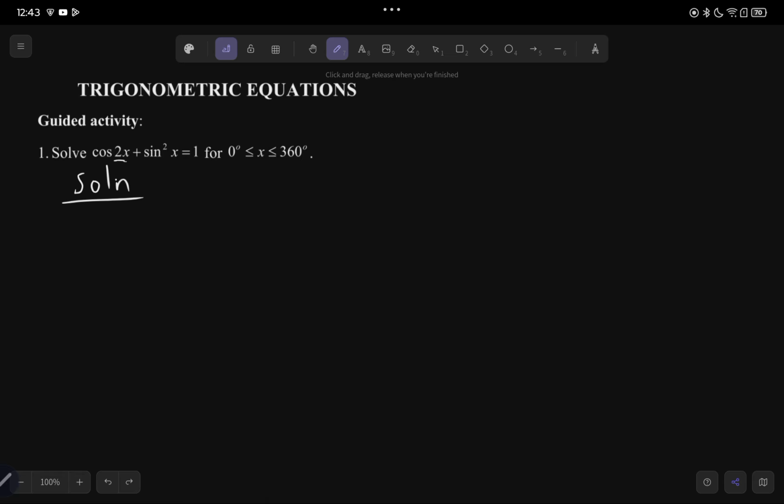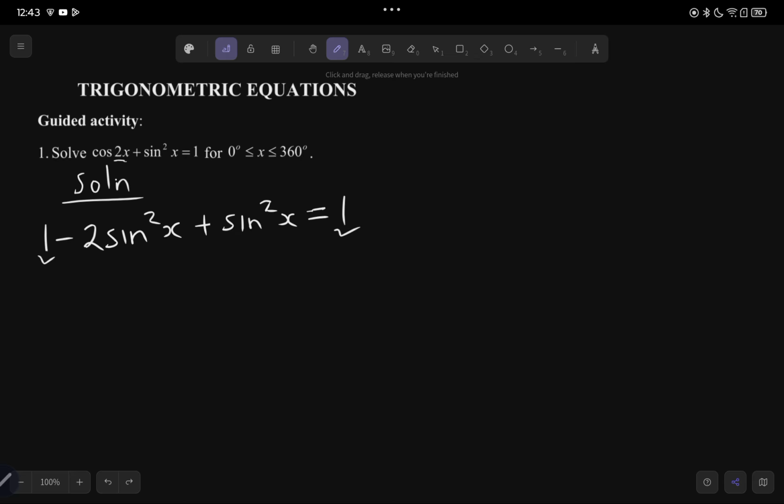Cos 2x is the same as 1 minus 2 sin squared x, because they must be similar. It's what I have chosen to use because it is similar to what I already have. So 1 minus 2 sin squared x plus sin squared x is equal to 1. Now this 1 will go with this 1.